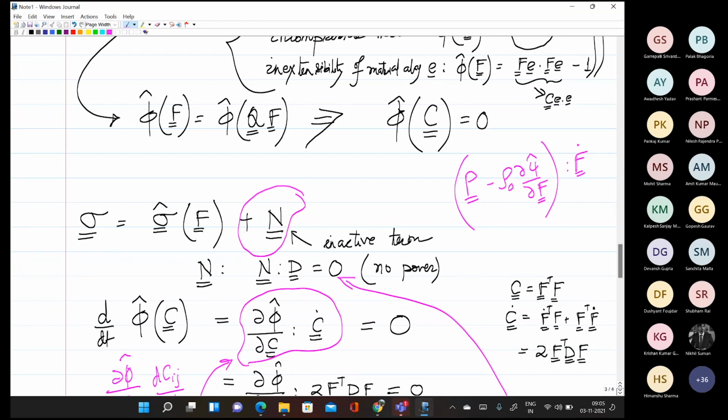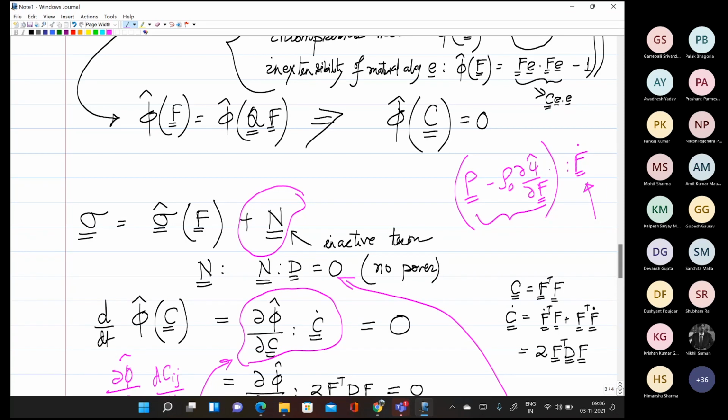Yes. And we said that this term must be equal to 0. We could say that over there because f dot was arbitrary. But now with constraints, f dot is not arbitrary. F dot must satisfy those constraints. Therefore, you cannot say that the thing inside the bracket will be equal to 0.